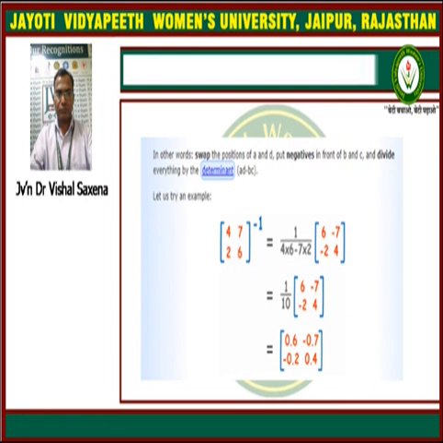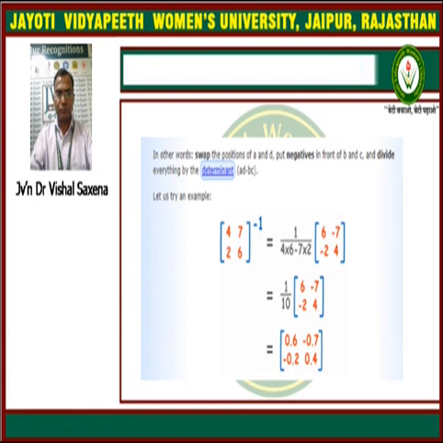Now how can we find the adjoint of the matrix? That means the cofactor matrix transpose. First find the cofactors of the matrix. The cofactor of 4 is 6, then the cofactor of 7 is minus 2, and next the cofactor of the element 2 is minus 7, and then the cofactor of 6 is 4.